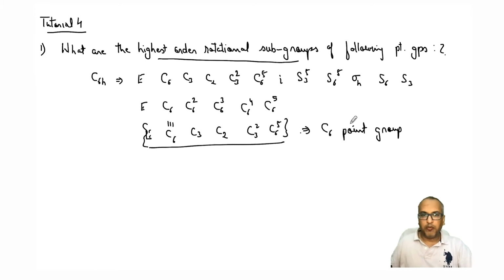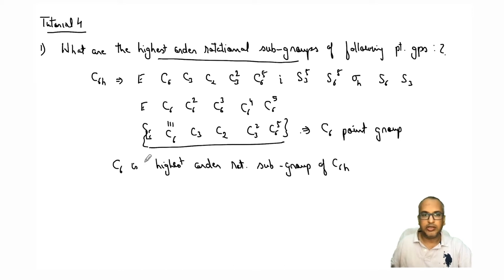So we can directly say that yes, C6 is the highest order rotational subgroup of C6h, right? So that was easy.